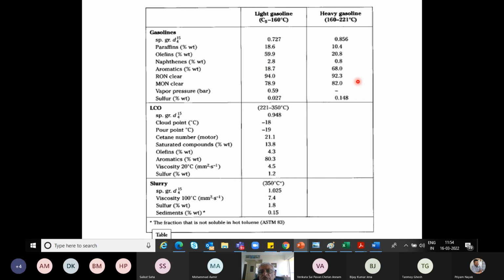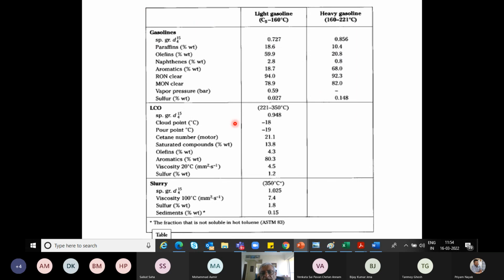Unlike what we have seen so far, like reformate or isomerate, this particular gasoline blending component has olefins in it. And as you go up in carbon number in FCC gasoline, the olefin content goes down, but the aromatics goes up.